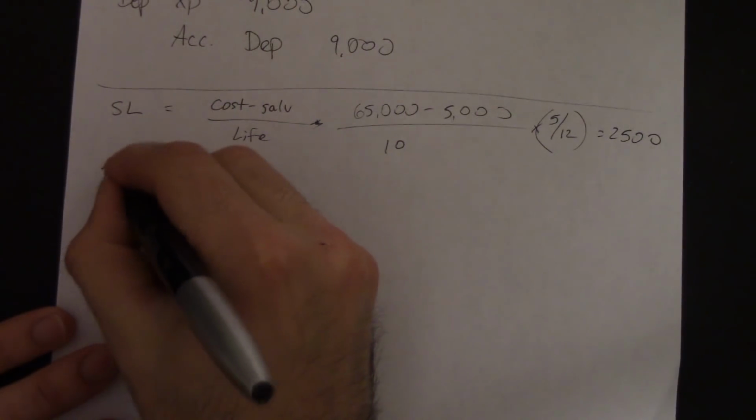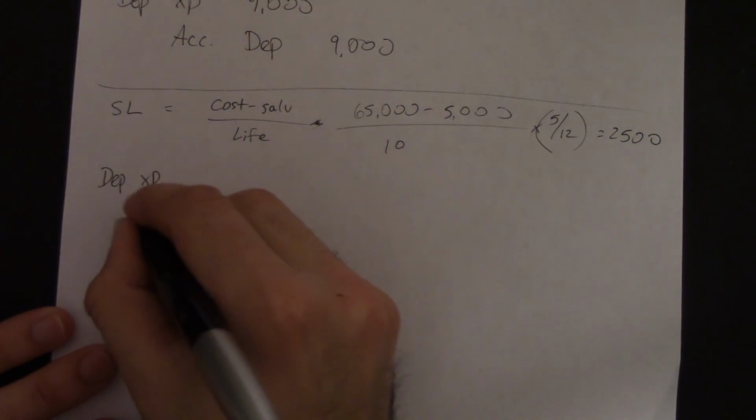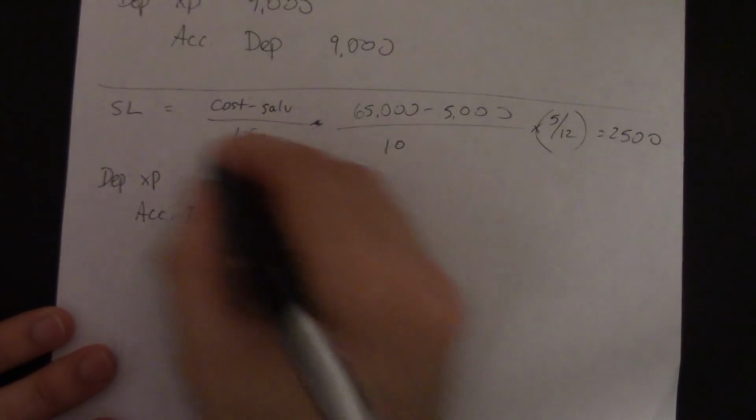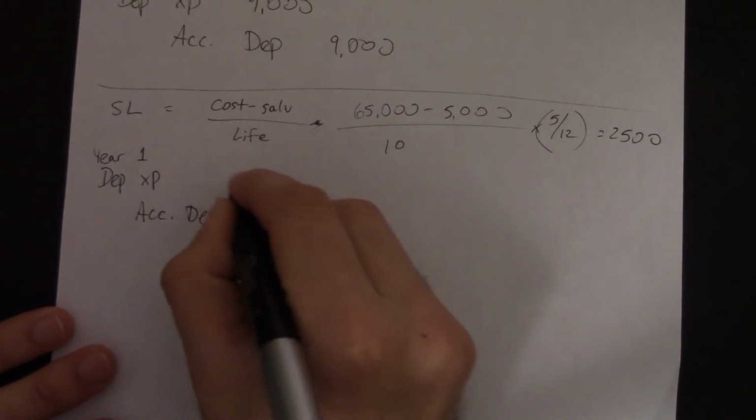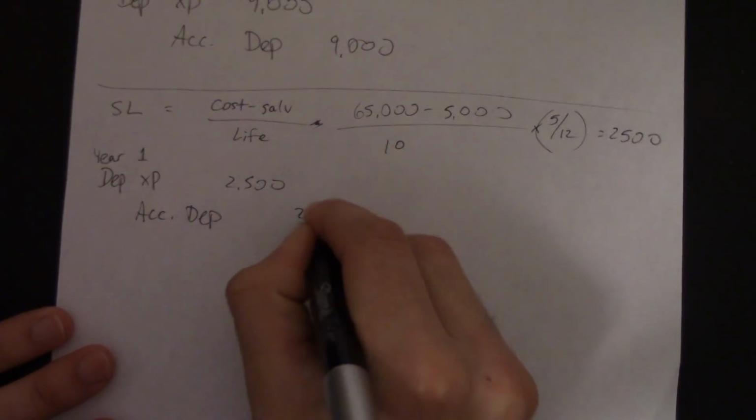So there's our depreciation expense and our accumulated depreciation for year 1. 2,500, 2,500.